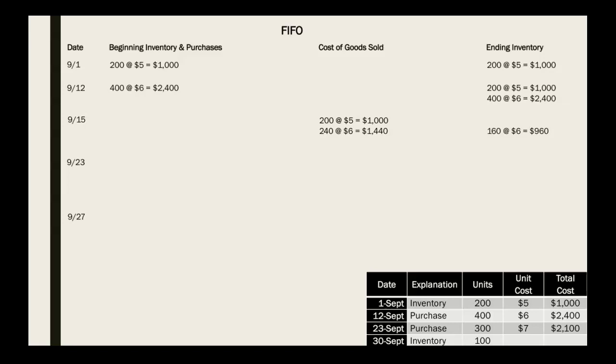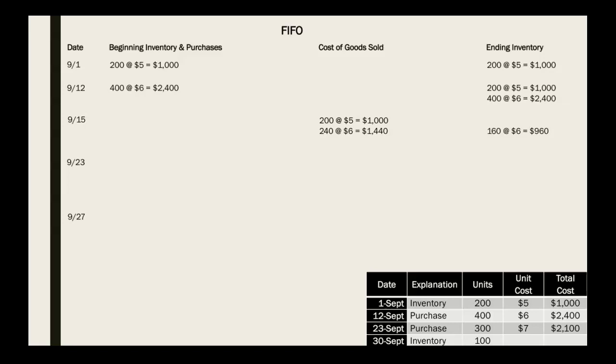So then we head over to our ending inventory, and we can check back to our ending inventory on the 12th as we're doing this math. So we had 200 units at $5, and then we sold all 200 of those. So you'll notice that our ending inventory does not show any units at $5 a piece anymore.